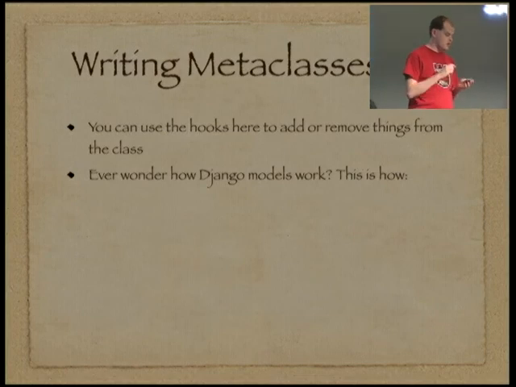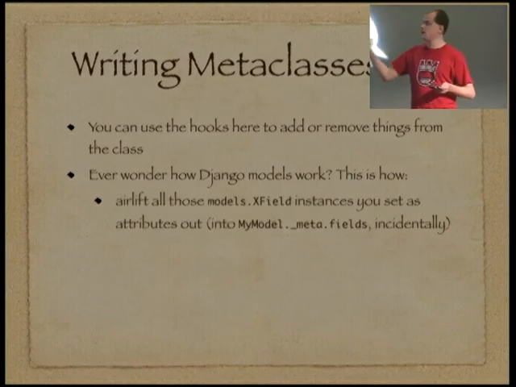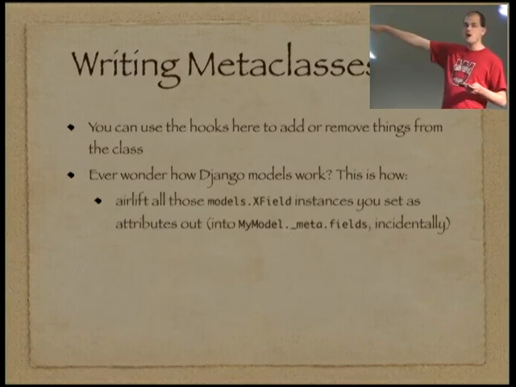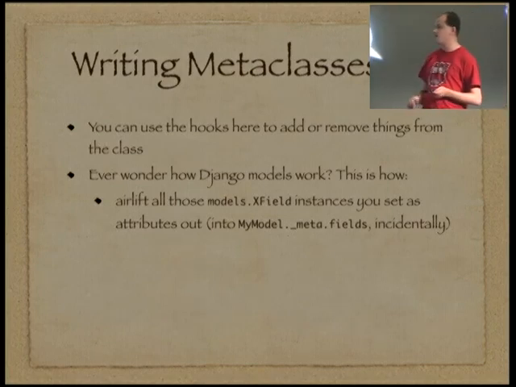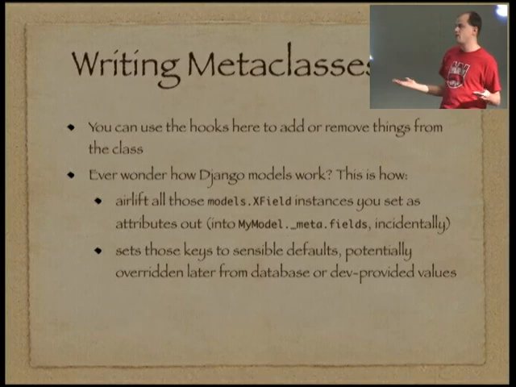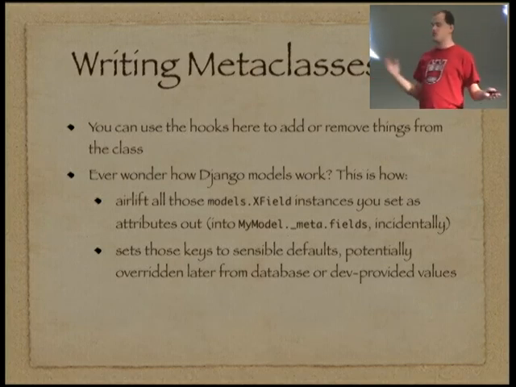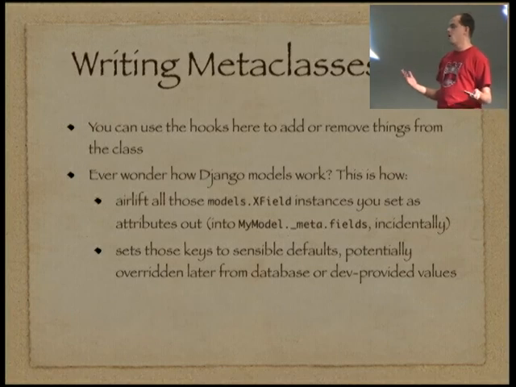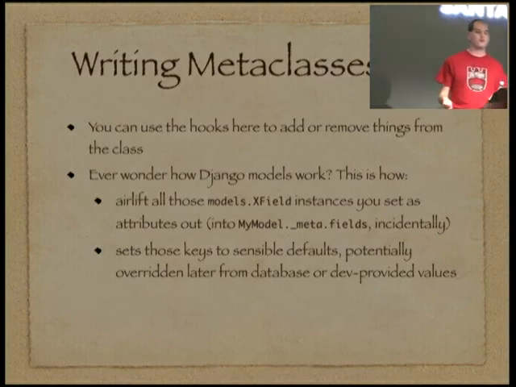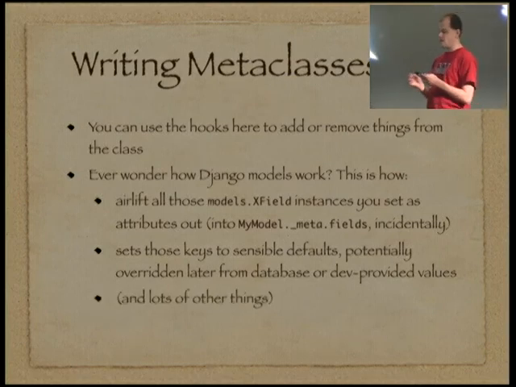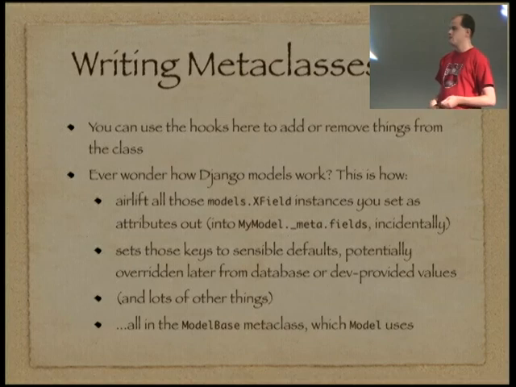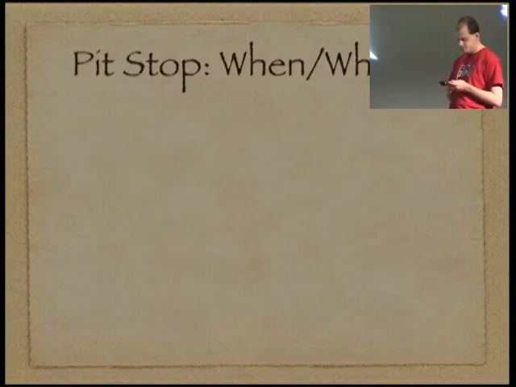There's actually a metaclass called ModelBase, and what it does is it airlifts all of those out of your primary attributes into a place called _meta.fields, and then it puts in those same attributes on the instance with the keys set to sensible defaults that can be overridden later by the stuff in your database or the stuff you're providing to your class constructor or whatnot. It also does lots of other things. But that's the model-based metaclass.